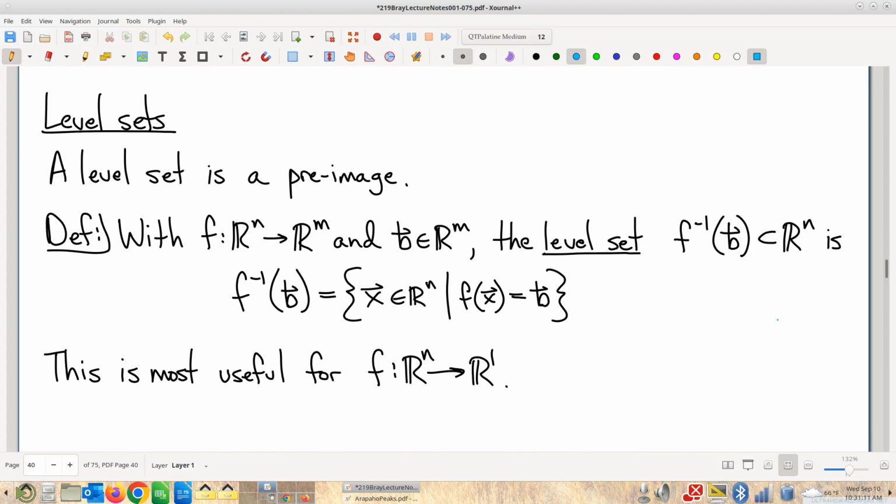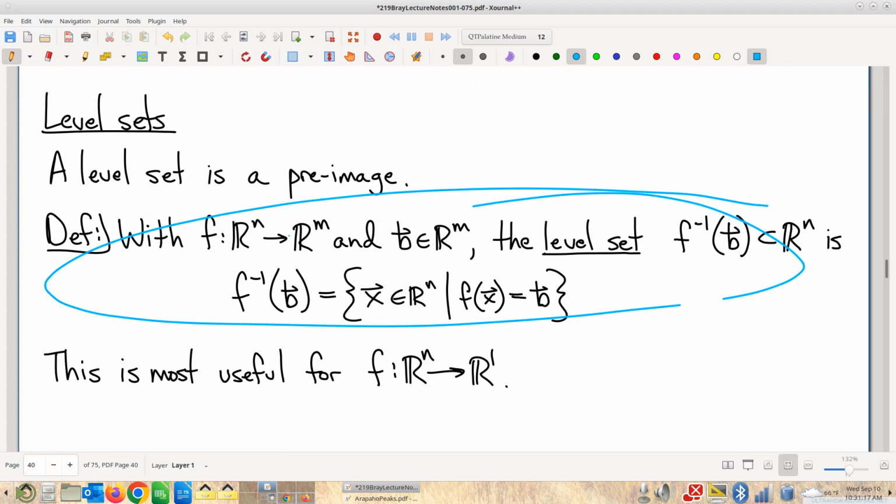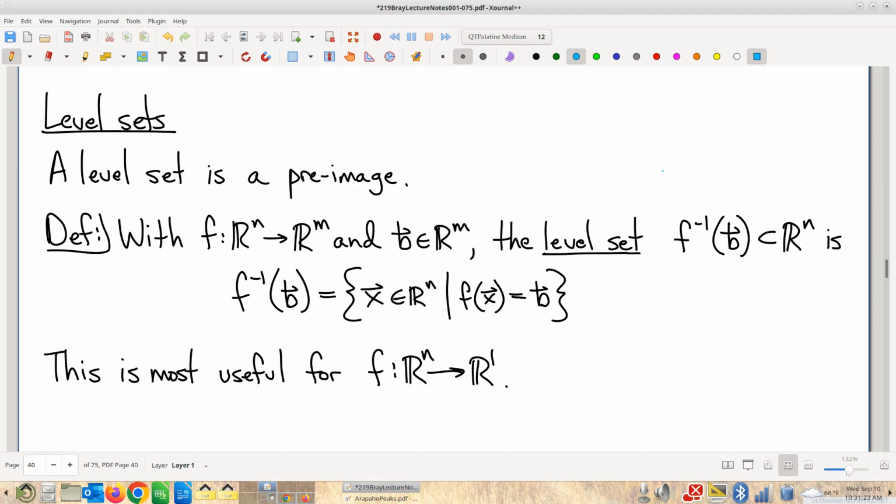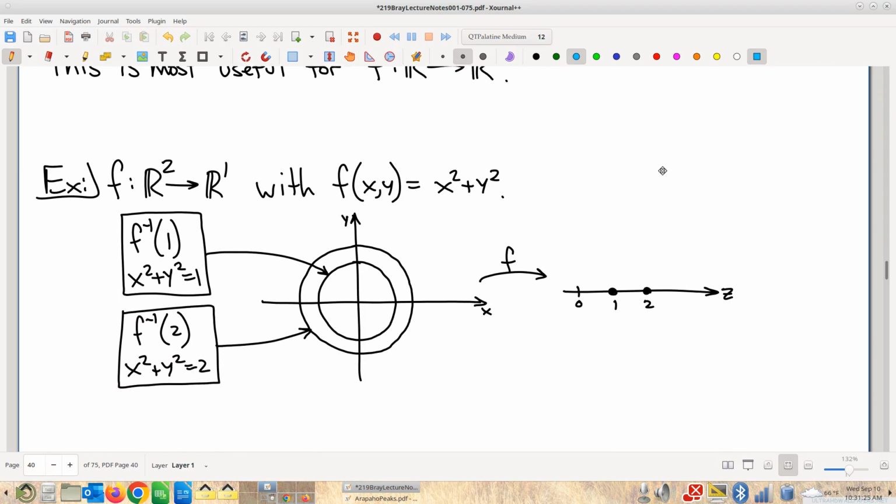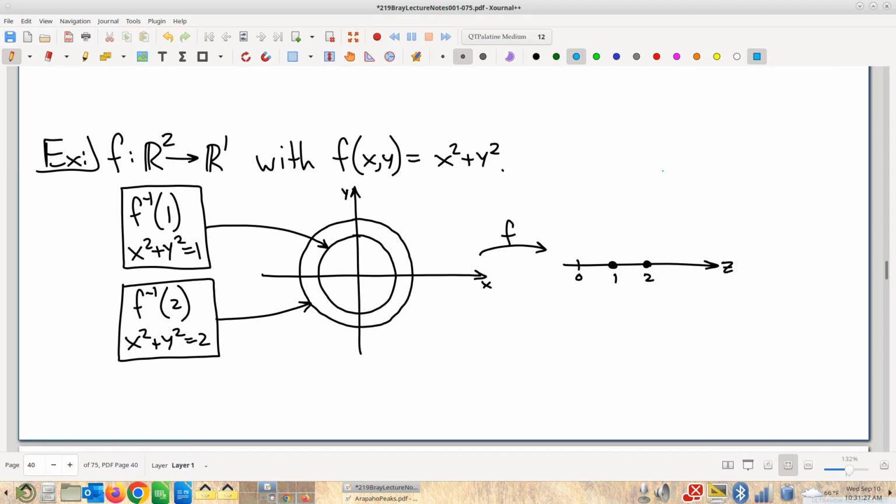Okay, next kind of picture. Not a graph. Level sets. Now, how do you write that down formally? Okay, this is the formal definition of a level set. Let's get right to the examples. I think the formality here is more trouble than it's worth. But the big idea of a level set is you pick an output value.